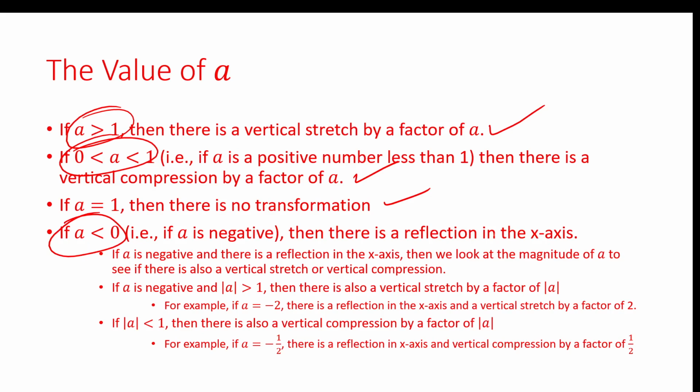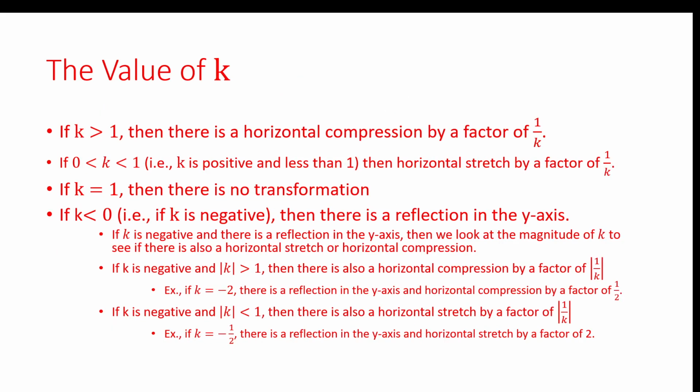And then we look at the magnitude of a, and we go back using the magnitude of a to our first 3 points. Okay. Looking at the value of k, if k is greater than 1, then there's a horizontal compression by a factor of 1 over k. If k is a positive number but it's less than 1, then there's a horizontal stretch by a factor of 1 over k. It's 1 over k because if you recall in our mapping formula, we divide by k, meaning we multiply by 1 over k, and that's what factor means, multiply.